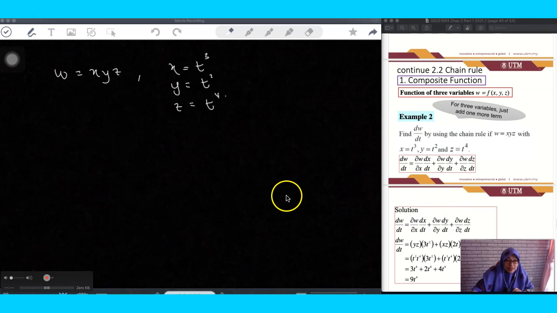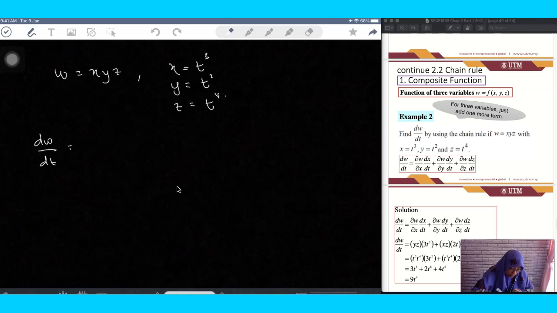If you want to find dw/dt without the chain rule, it is easy. Just substitute all the x, y, z here and then differentiate. But now we want to use the chain rule as mentioned here. Find dw/dt by using the chain rule. The formula is w_x x_t plus w_y y_t plus w_z z_t.